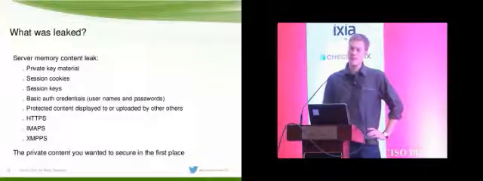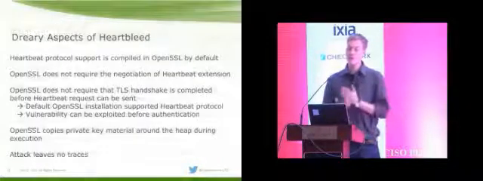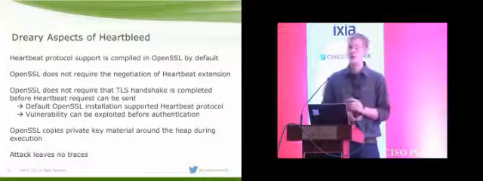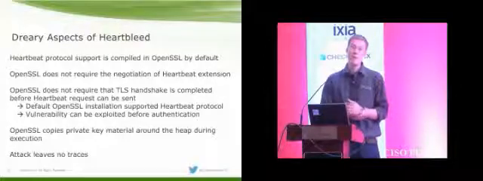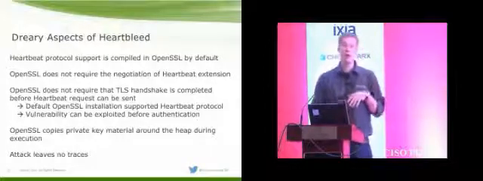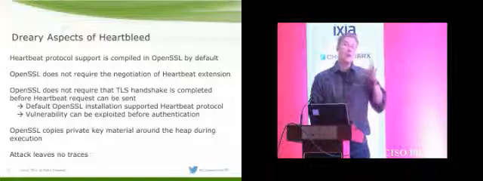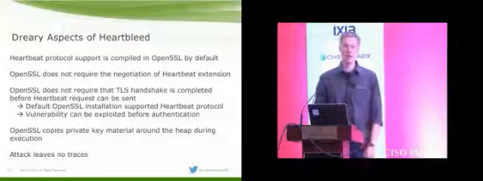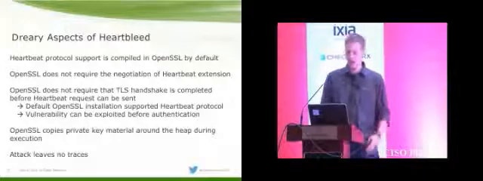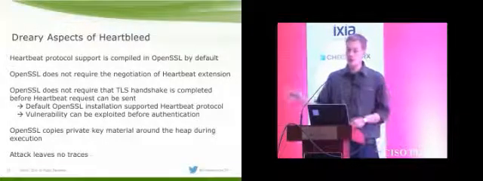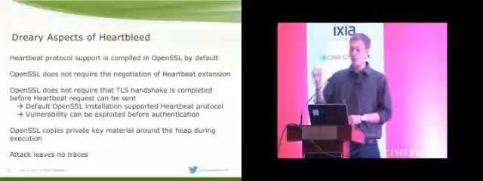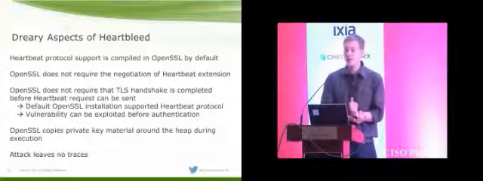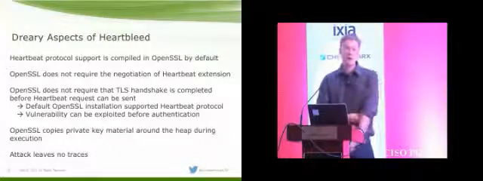And what made it even more dreary was that OpenSSL was supporting the DTLS heartbeat protocol by default. It is very rarely really used with TLS, and in the web world you don't actually need a heartbeat protocol for anything, really. So it shouldn't be there by default. Another aspect was that OpenSSL didn't require the negotiation of the heartbeat extension.